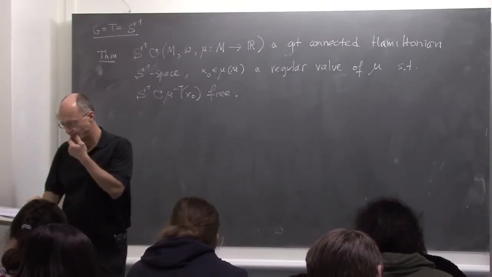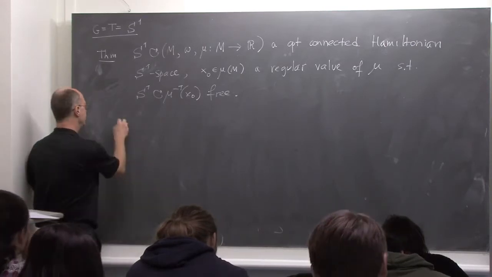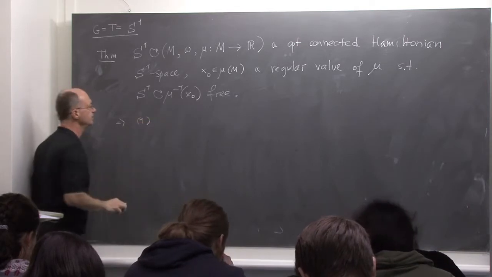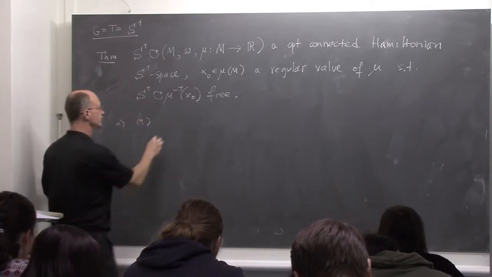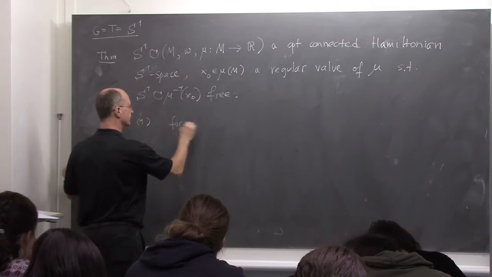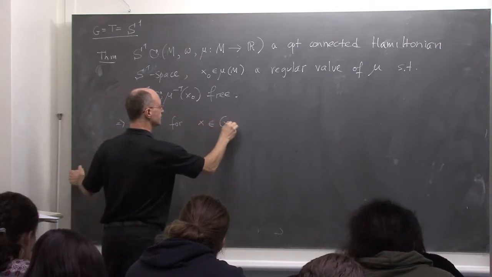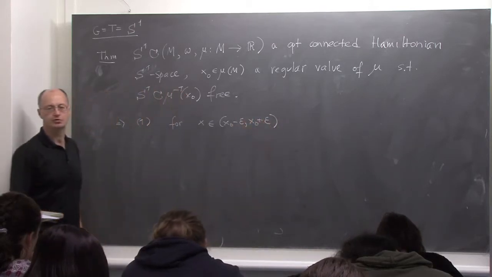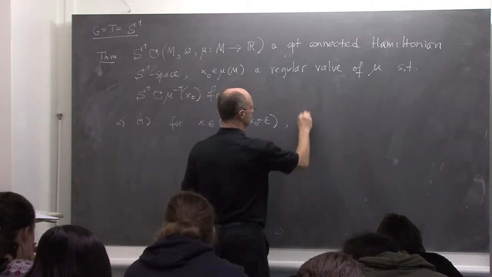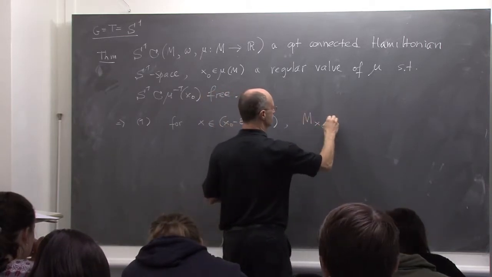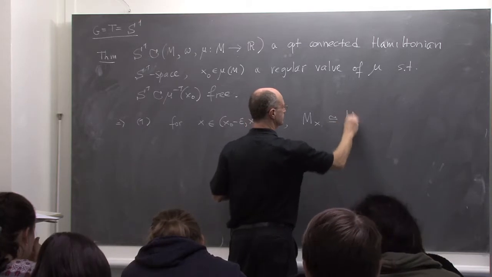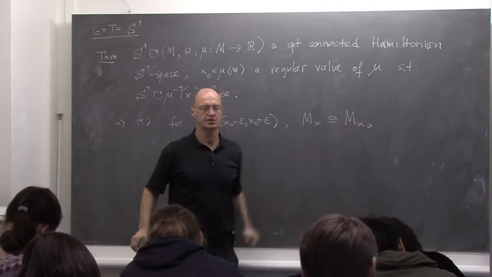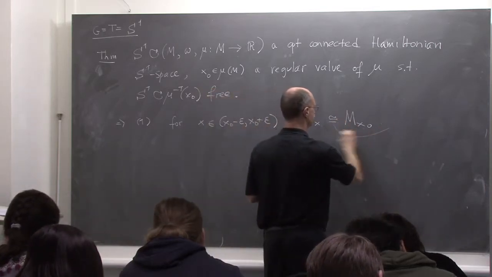Then there will be three statements. First of all, for x in some open neighborhood of x0, the reduced spaces will be diffeomorphic to the reduced space at x0.